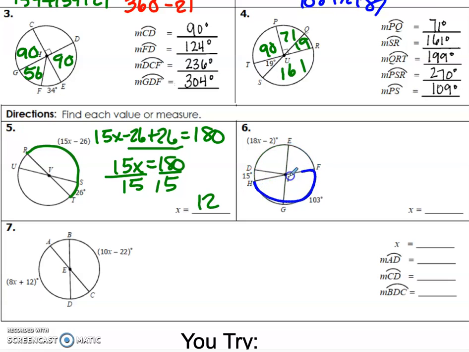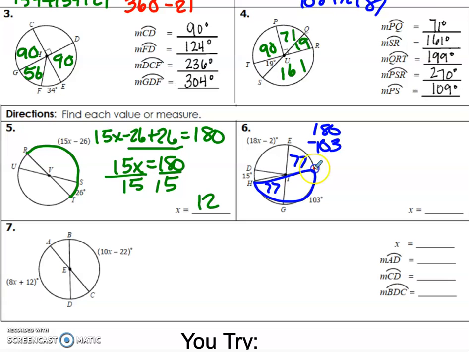I have a semicircle here. So if the right side's 103, let's take it away from 180. 77. Okay, so I know each of these pieces of the pie are going to be 77.